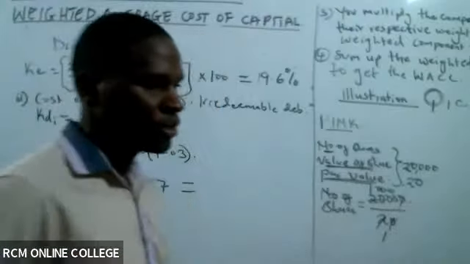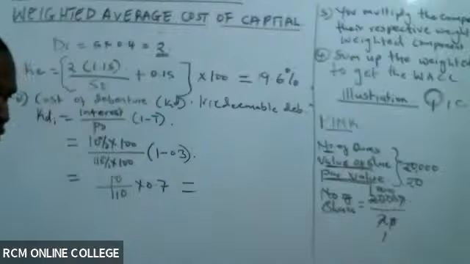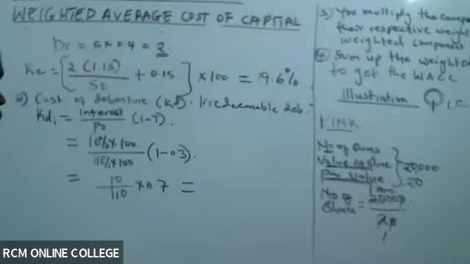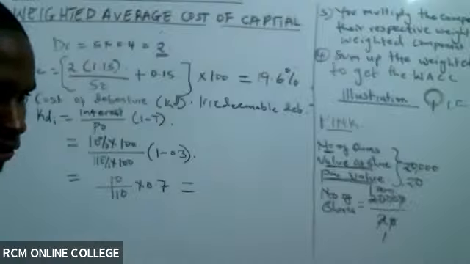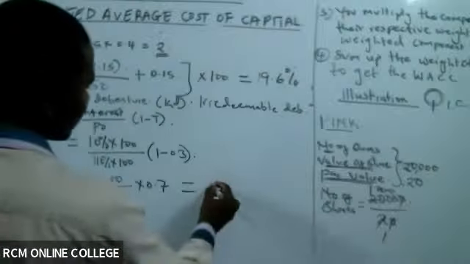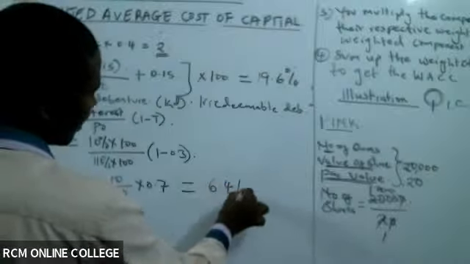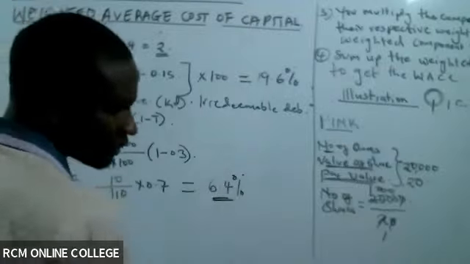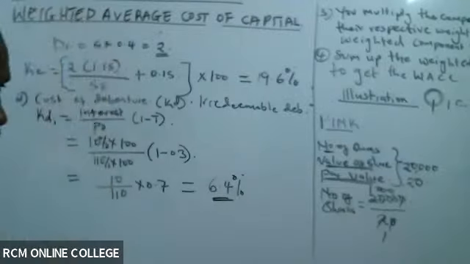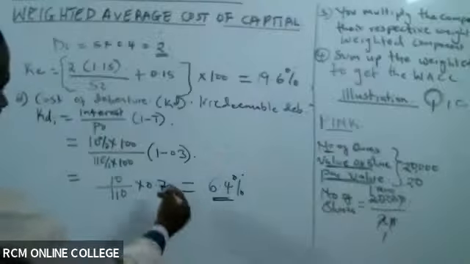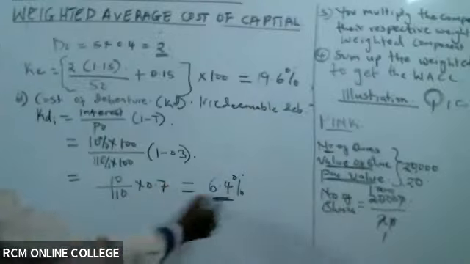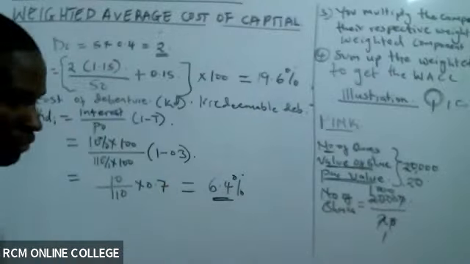Engage your calculator to save on time. 10 out of 110 is like 1 over 11, times 0.7, so it is 6.4%. Look carefully: this is 0.7, and the answer is 6.4%.